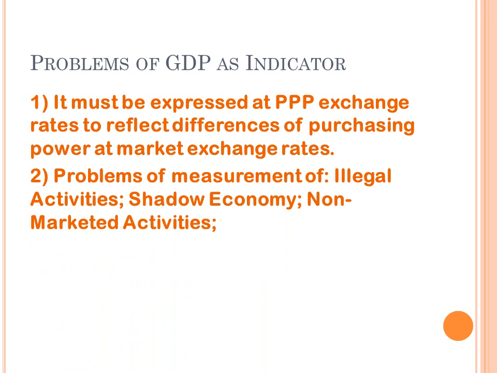The other thing about GDP statistics is that they don't include those things which are unreported. That's often illegal activities, the unreported economy itself, the shadow economy, and all the non-market activities such as DIY or family work and so on. And this is an important one for the issue of development, because in many developing countries there's lots of non-marketed activity.